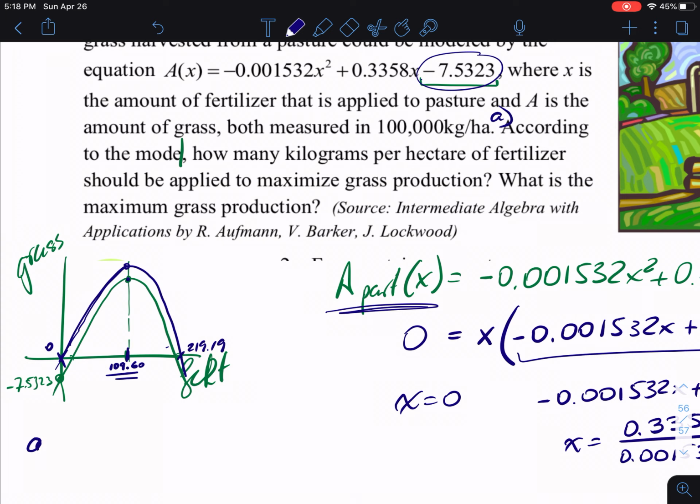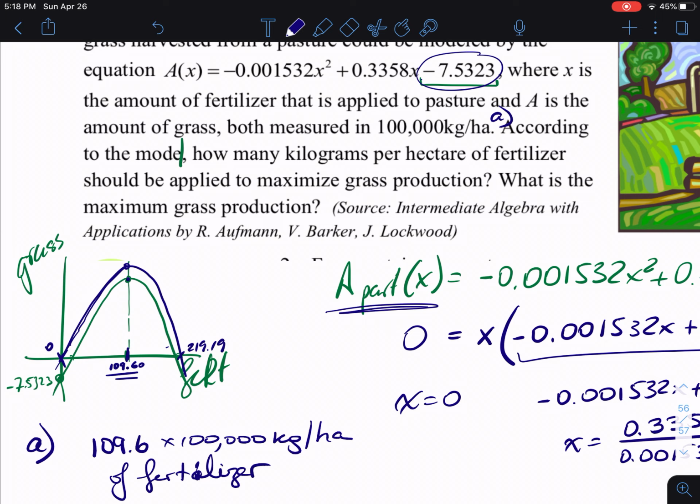So this is part A, 109.6 times 100,000 kilograms per hectare of fertilizer.